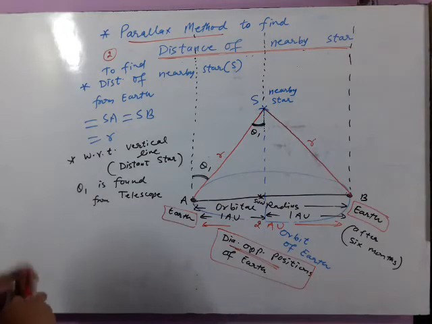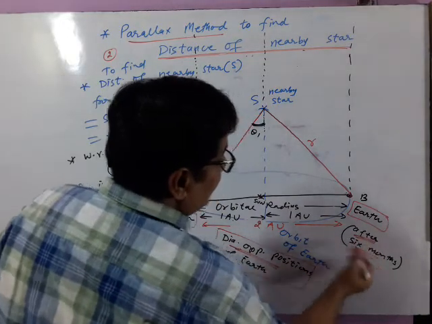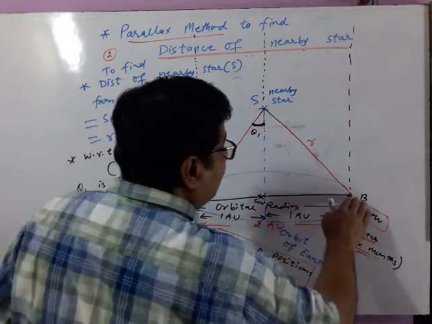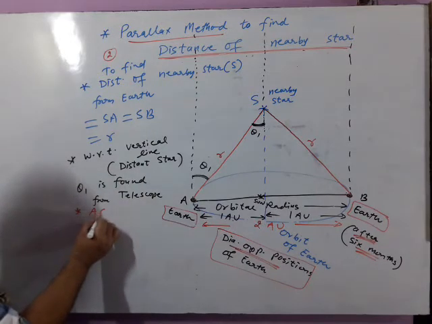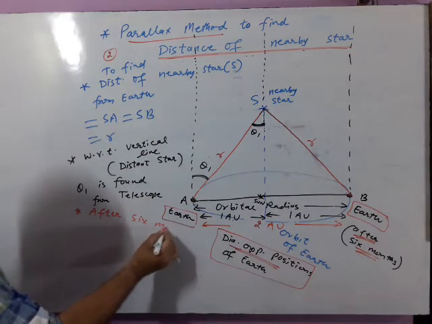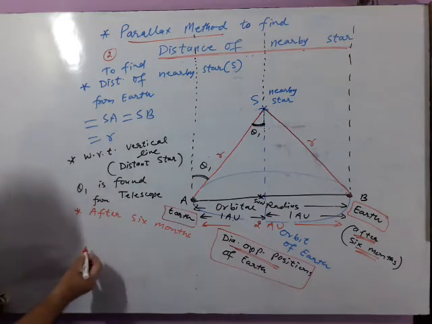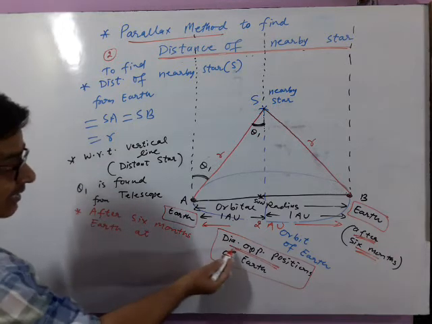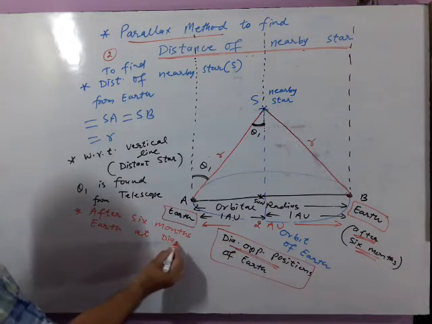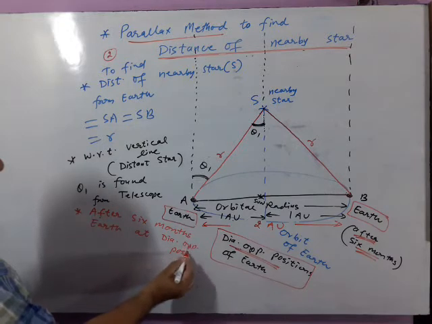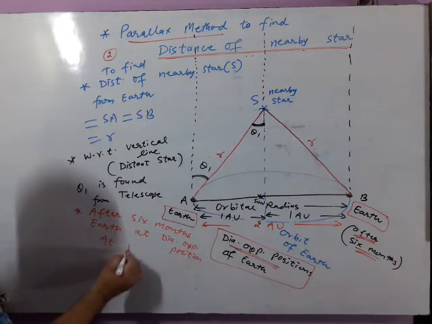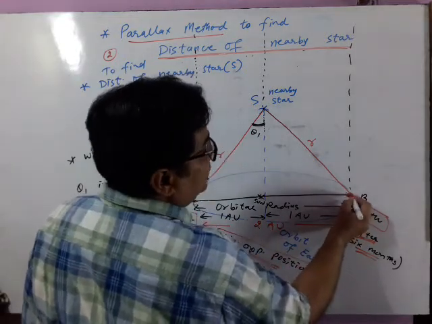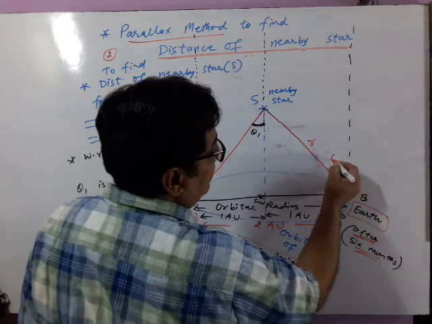So we repeat this after 6 months. See, Earth is revolving around the Sun, and after 6 months it is at B. So we write it like this: after 6 months, Earth at diametrically opposite position. At B, Earth comes at B. Now at B, again we take observation of this angle.